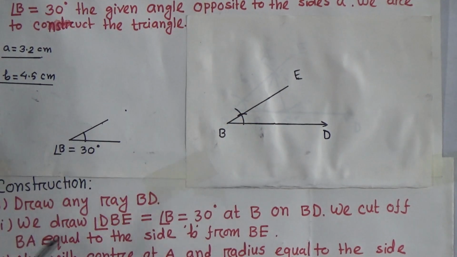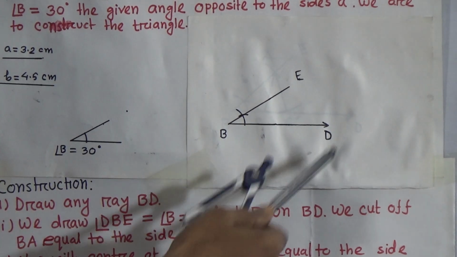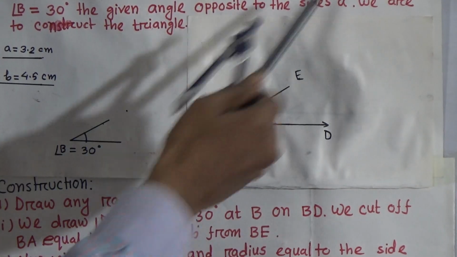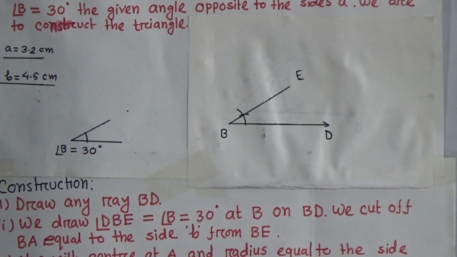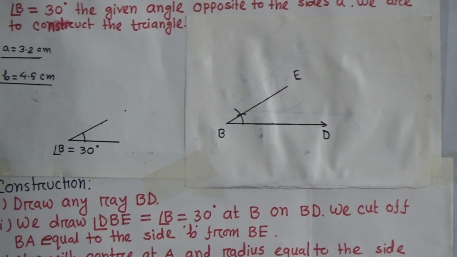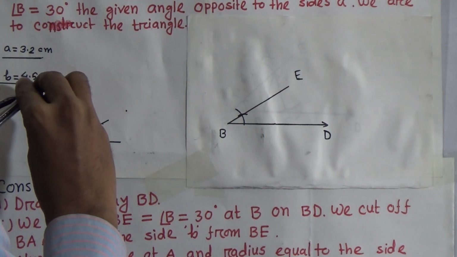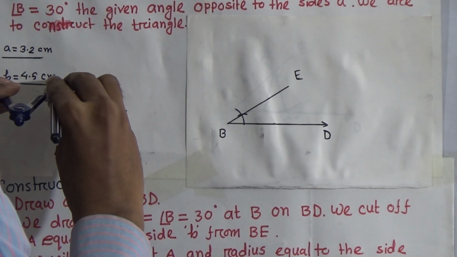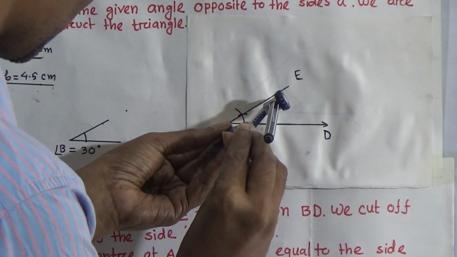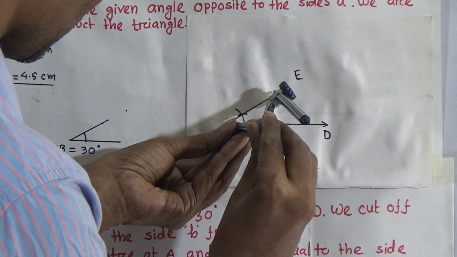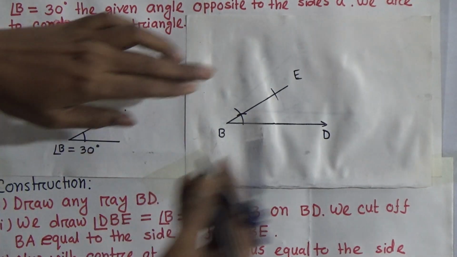That means at the B point we draw angle B equal to 30 degree. Okay. Now from BE we have to cut BA equal to B. You see. And this is what? This is A.